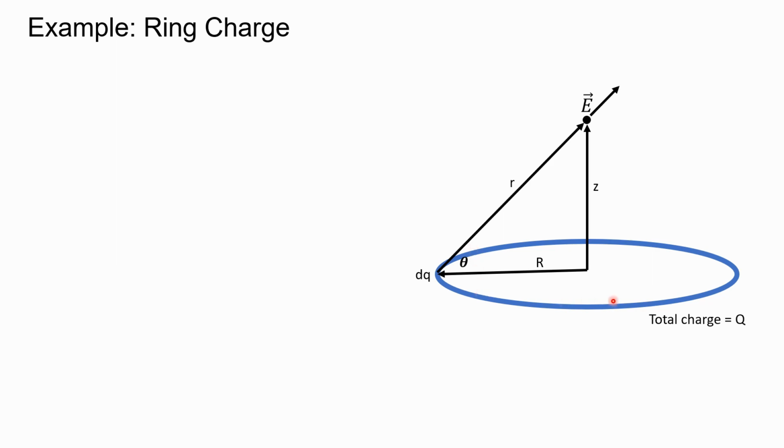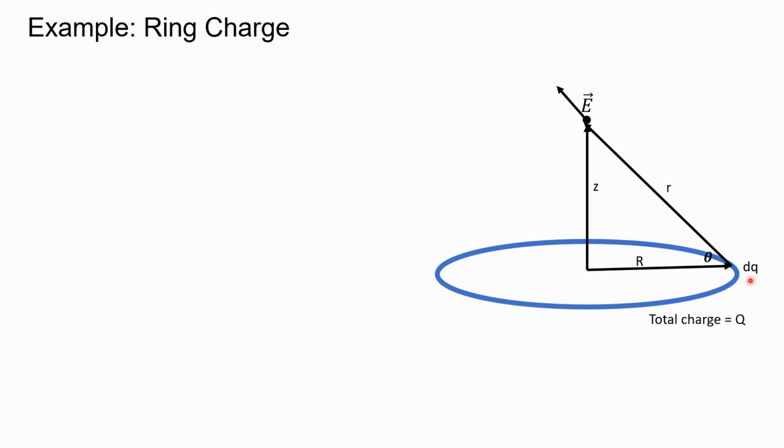If this charge is positive, which here it's given to be positive, this would result in an electric field pointing away from the charge in this direction. Now we can also evaluate a charge dq from the opposite side of the ring, and when doing this, given that the charge is positive, the electric field vector will now point in this direction.